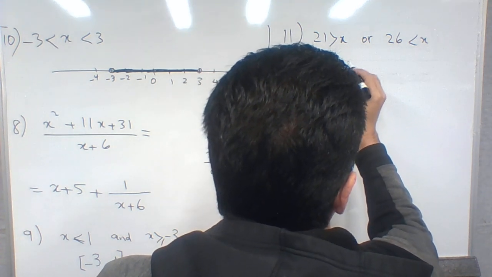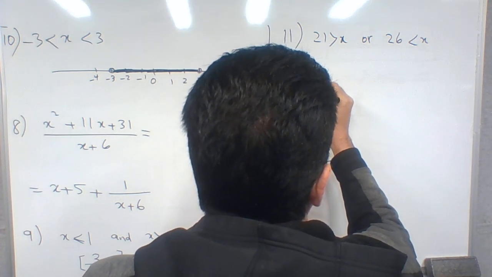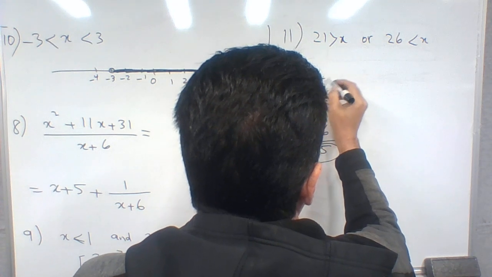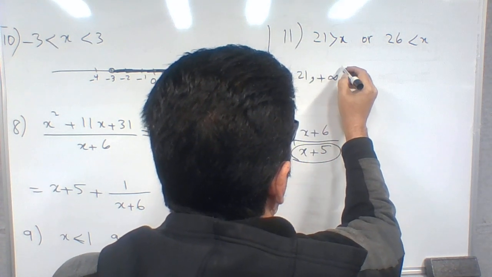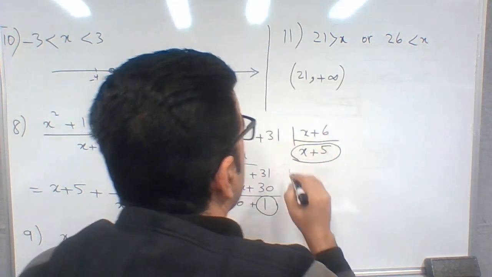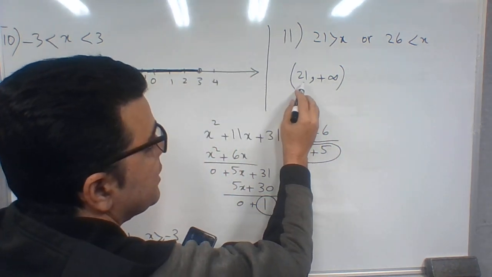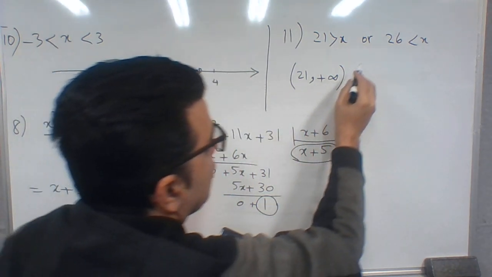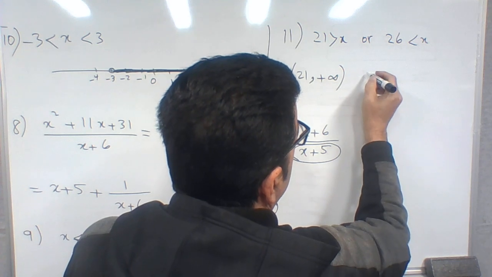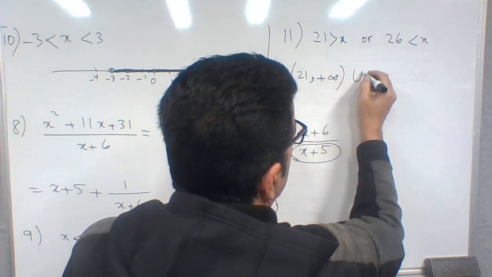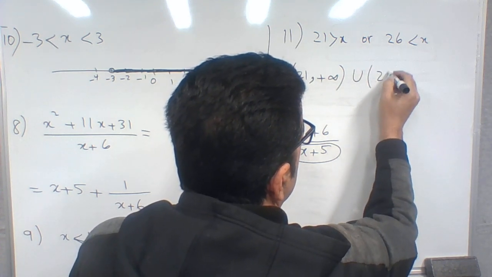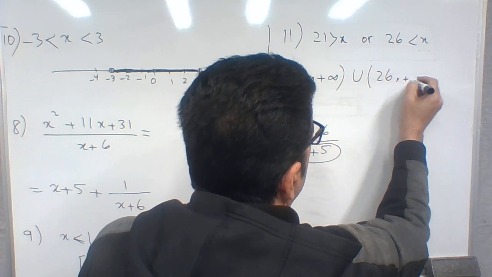So 21 and positive infinity. It means that it contains everything greater than 21. Or greater than 26. And "or" means union. 26 and positive infinity.